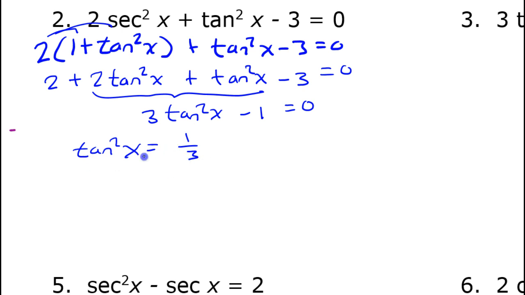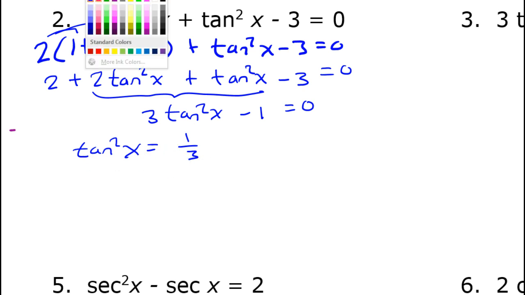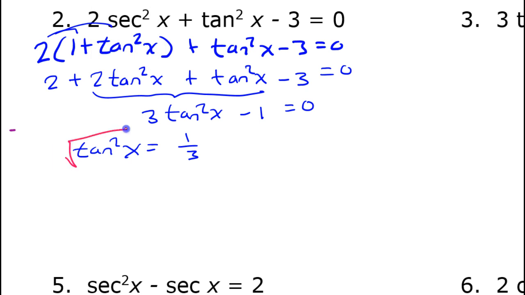Then if I take the square root of both sides, all right, don't forget your plus or minus whenever you take the square root of both sides. This is going to give me tangent of x is equal to plus or minus 1 over root 3.